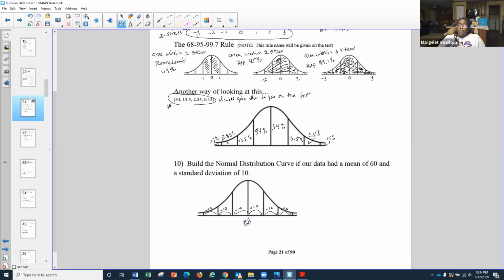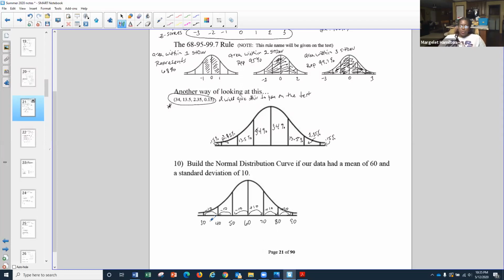All right, here we go. We're starting at 60. If we add 10, we should get, that's right, 70, and then 80, and then 90. That's right. Now let's go down. So if we're going down, 60 minus 10 gives us 50, and then 40, and then 30. Good.